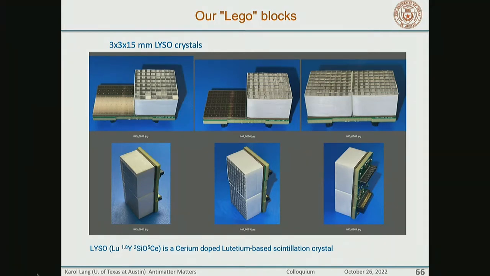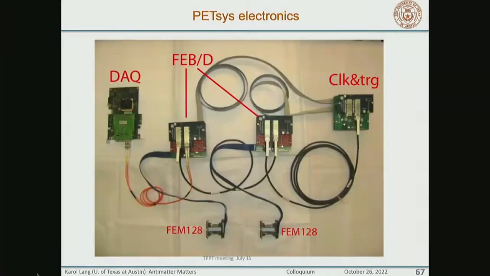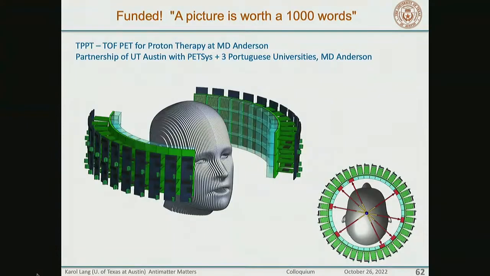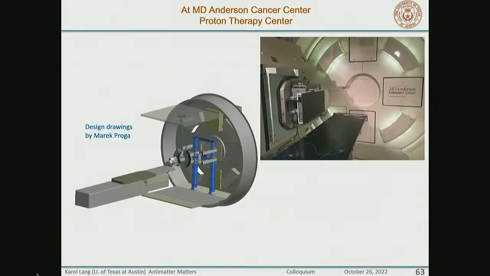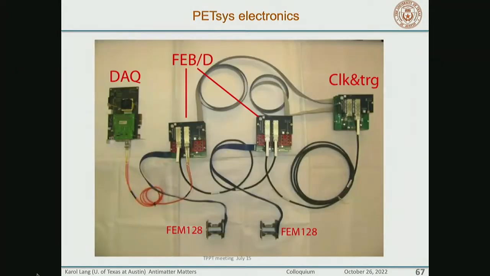And these are the fundamental bricks out of which we construct the structure. I want to come back to the structure. You actually see here these double crystal structures. And for the readout electronics we are using a company that we're partnering with, PETSys Electronics from Lisbon. It's very nice, very concise electronics, and most of the time it works well, right, Kyle?